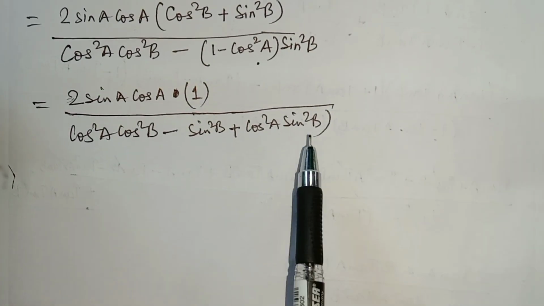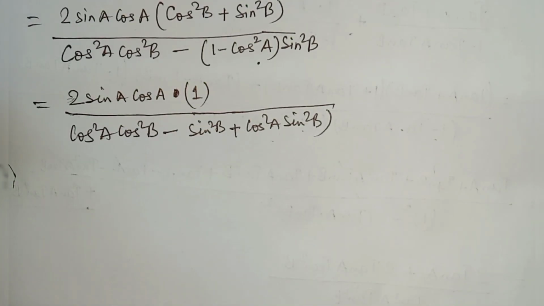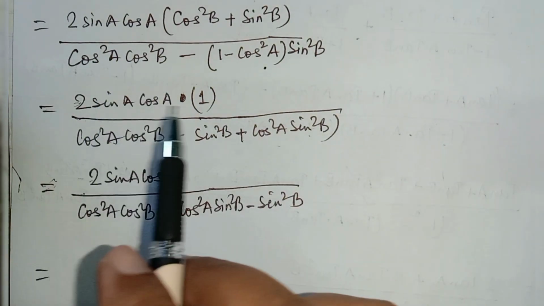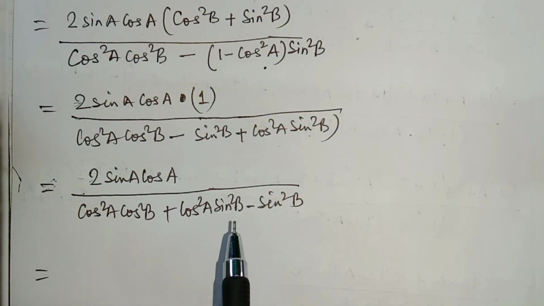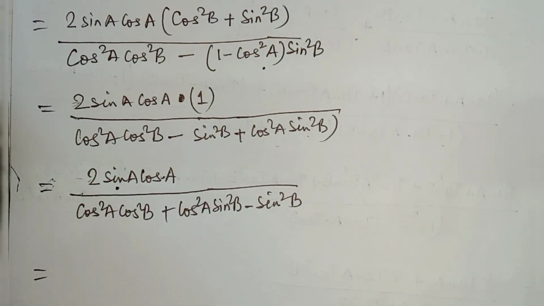Now in the next step I write these two terms together and take common. Here you can see that this whole thing multiplied by 1 is the same, and now we wrote these two terms together here. Now let's take cos square A common, and this 2 sin A cos A is equal to sin 2A.